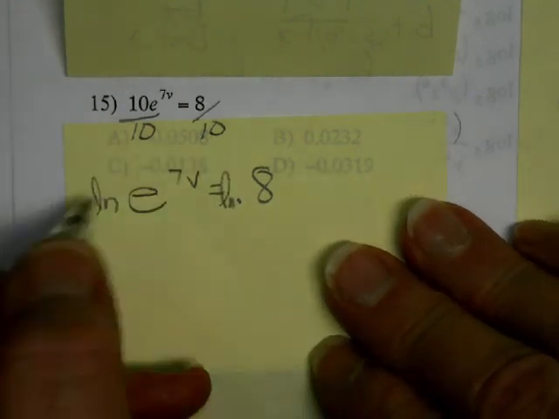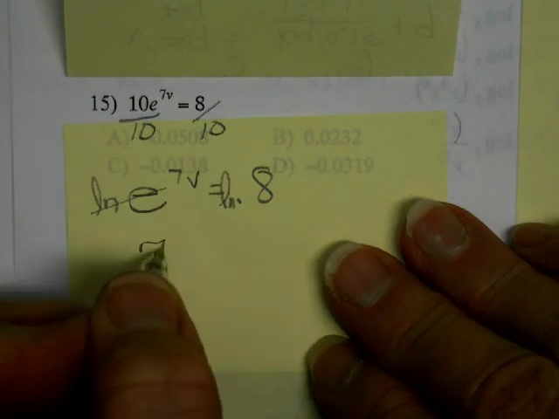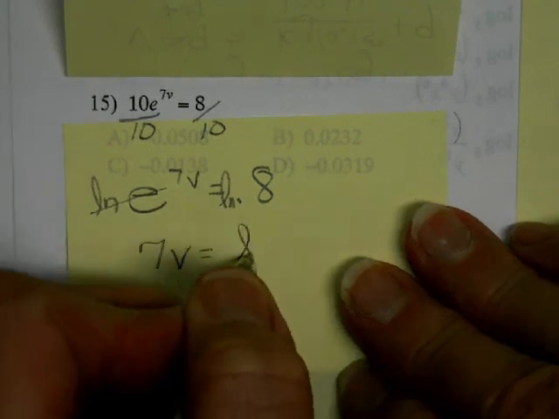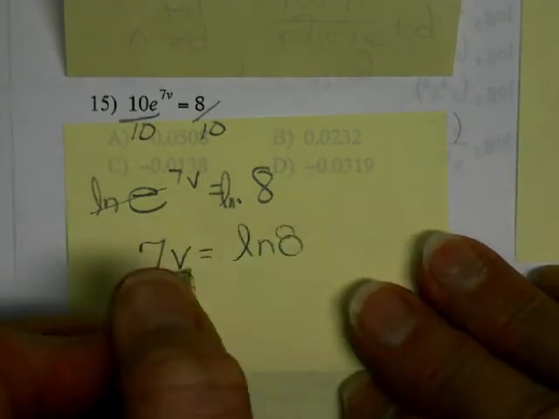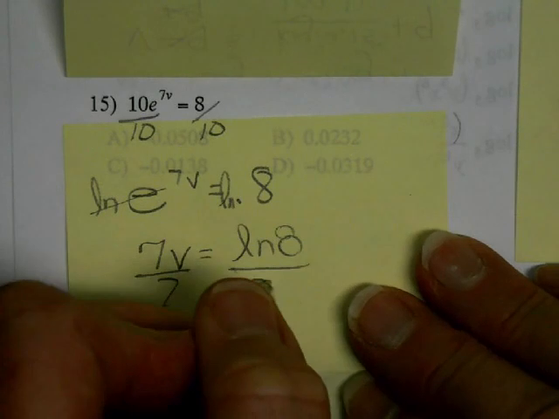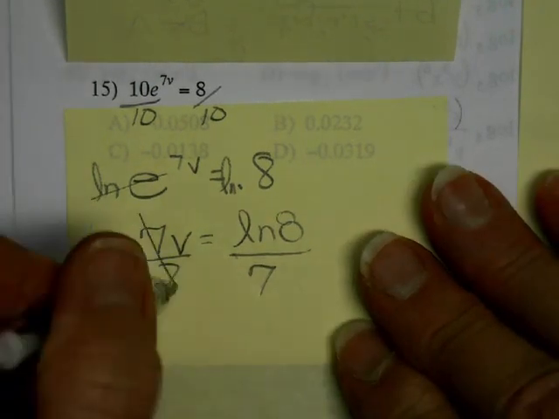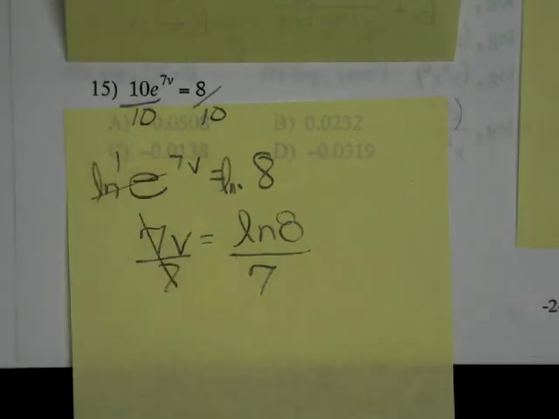And I'm going to take natural log of both sides. So natural log of e to the 7v, natural log of 0.8. Then this is 1, so I have 7v is natural log of 0.8. Divide by 7, and then round.